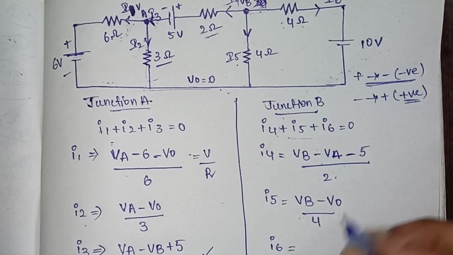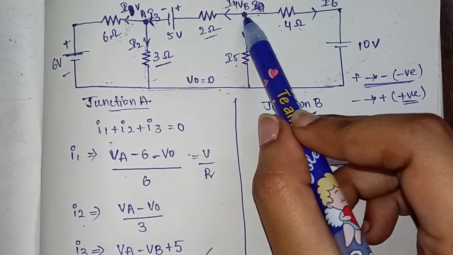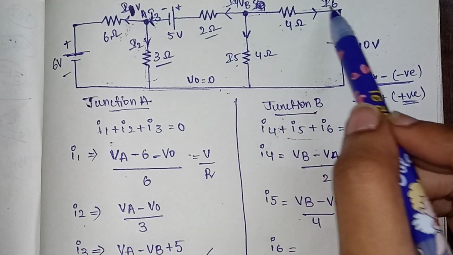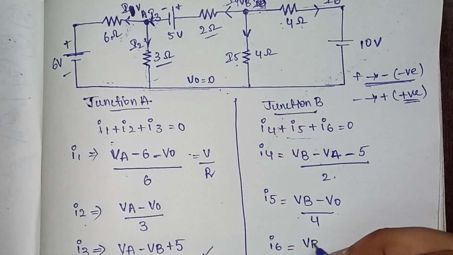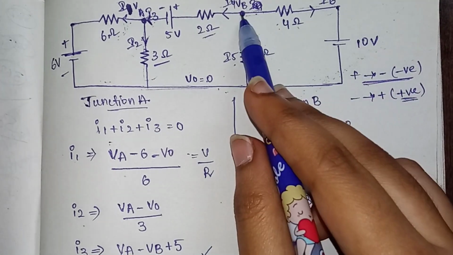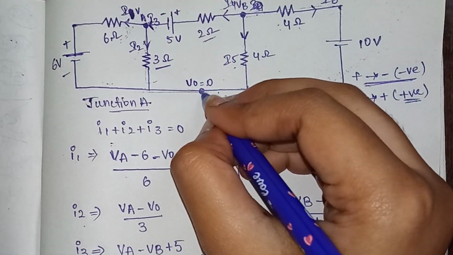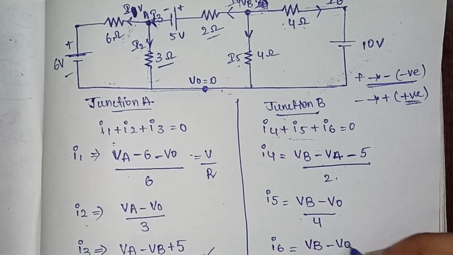Next, for I6. So this is our I6. What is happening from VB? From VB the current is flowing through this direction. So VB will be our higher potential and it is coming in this direction to this point. So this is our V0. So VB minus V0.